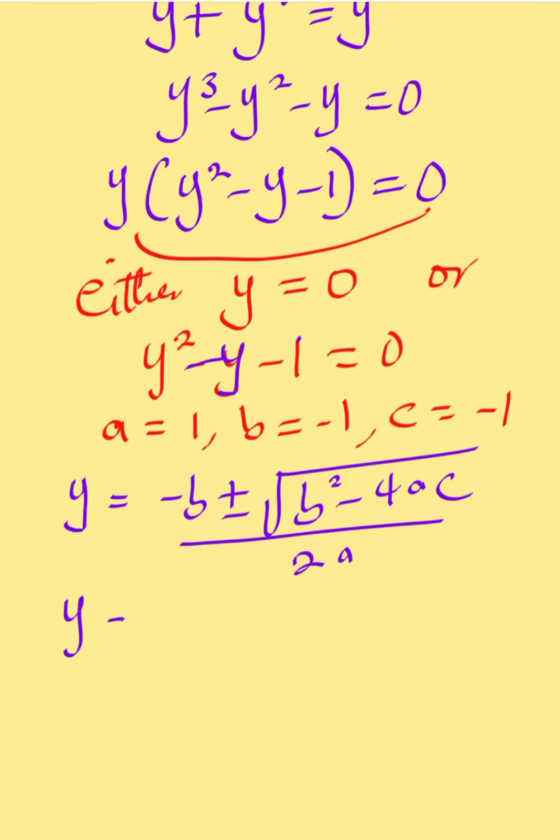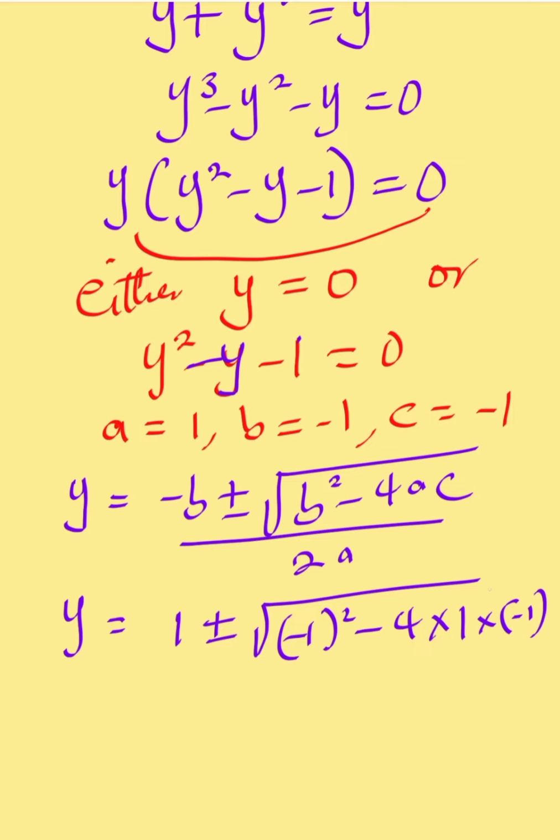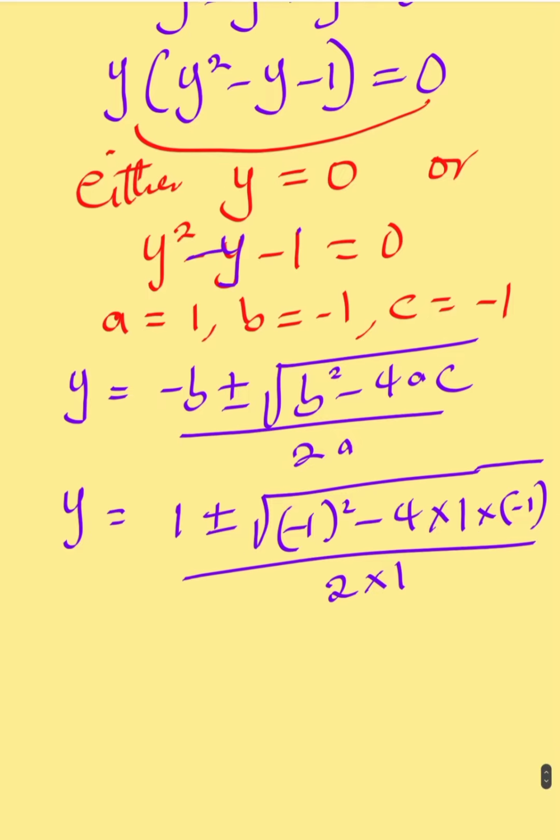So that y becomes minus b, which is minus minus 1, which is plus 1, plus or minus square root of b squared, minus 1 squared, minus 4 times a, which is 1, times c, which is minus 1, all over 2a, 2 times 1.